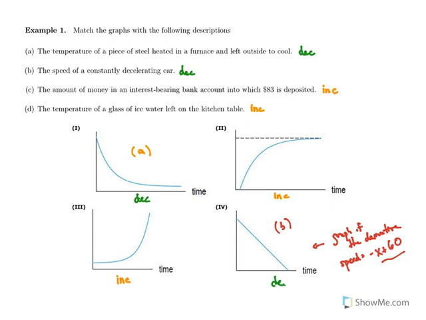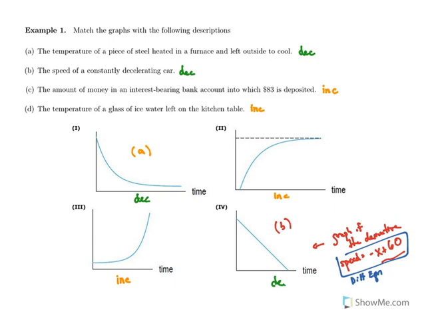So this would be a differential equation that will model the behavior of the speed we're going at. Speed is representative of a derivative in this case.